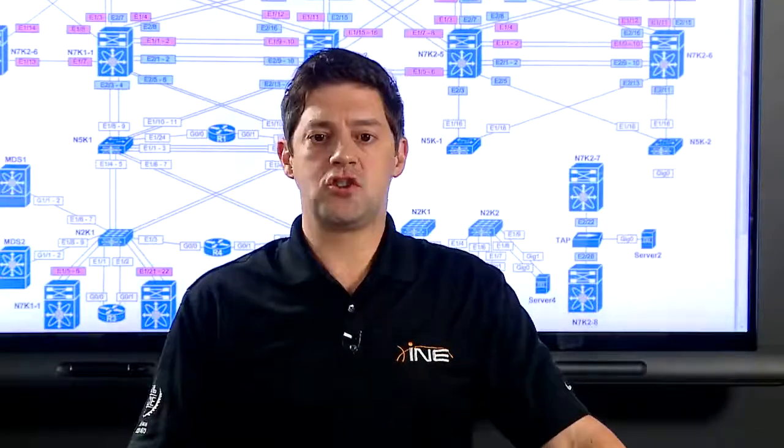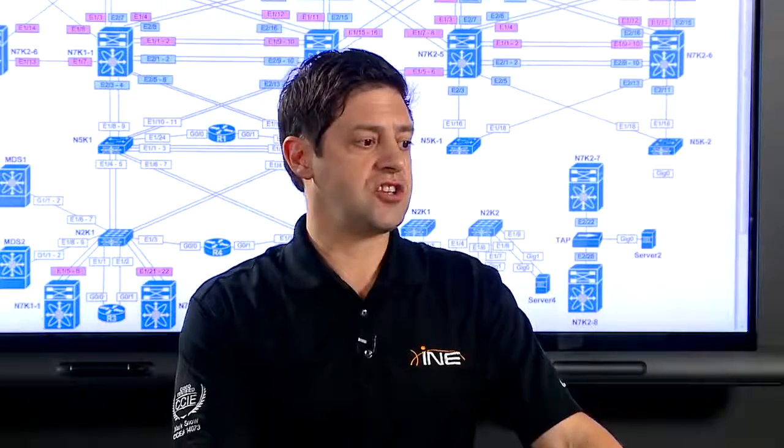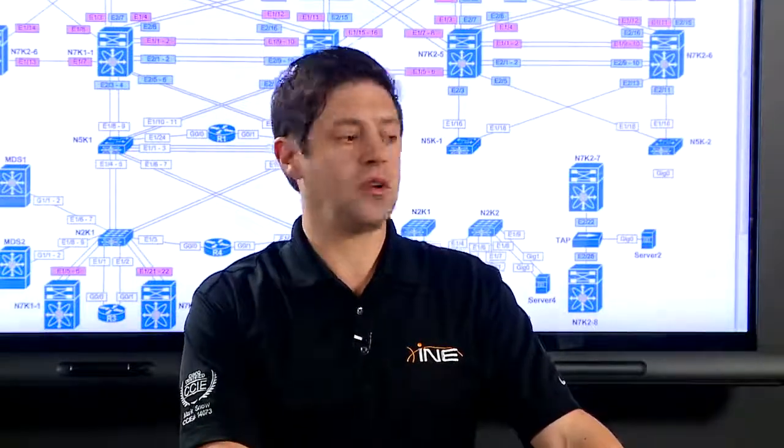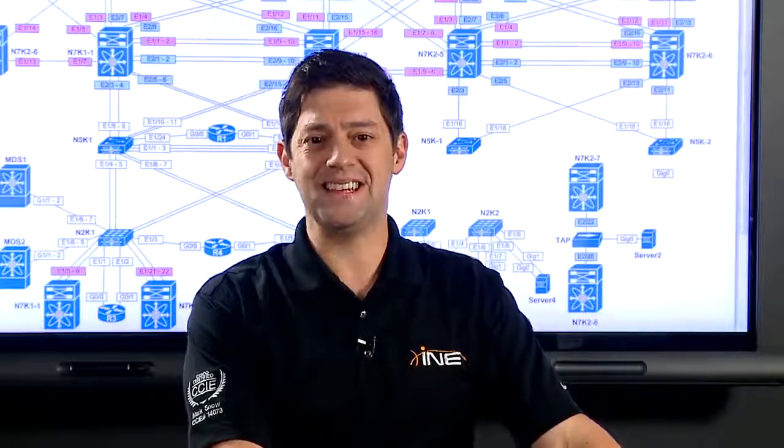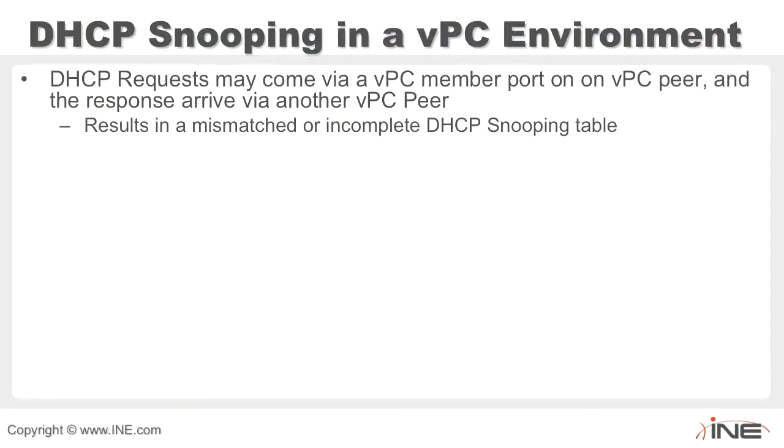So we need to make sure that the information is correlated. If we didn't have it correlated, we would have a mismatched or certainly incomplete DHCP snooping binding database or table, and this is going to break IP source guard, and it's also going to break dynamic ARP inspection as well.